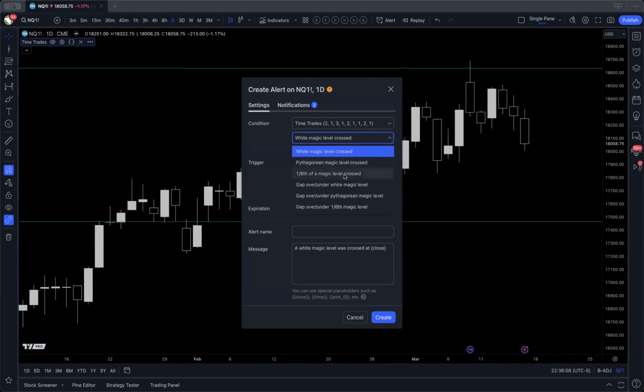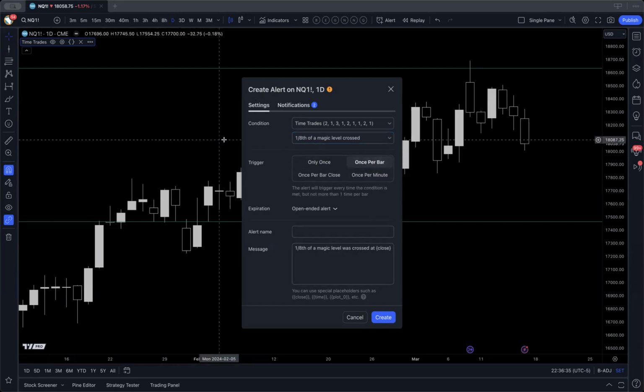So there's three types of alerts. When a white magic level is crossed, Pythagorean is crossed, 1/8 is crossed, or there's a gap, okay? So you can differentiate between simply crossing a level or a gap. So let's say we want to use 1/8, and I want to trigger it, let's say once per bar. So we're on a daily chart here, so that would be once per day.